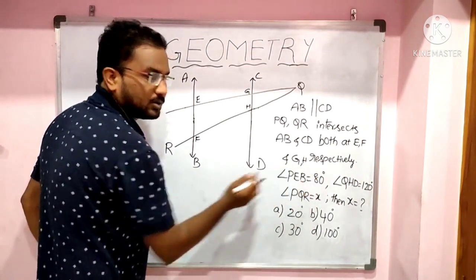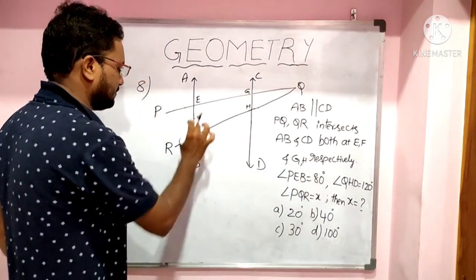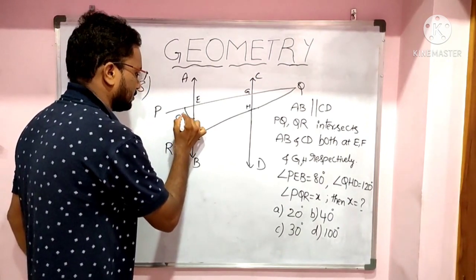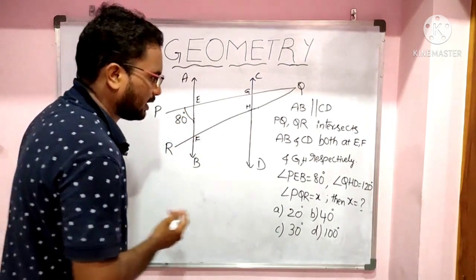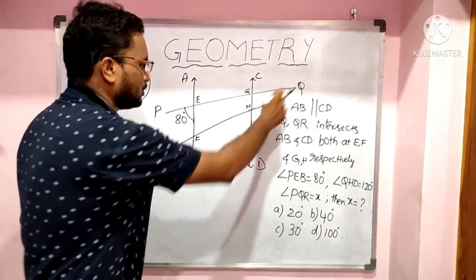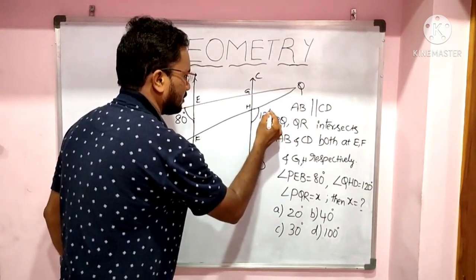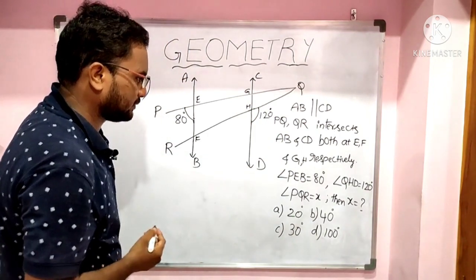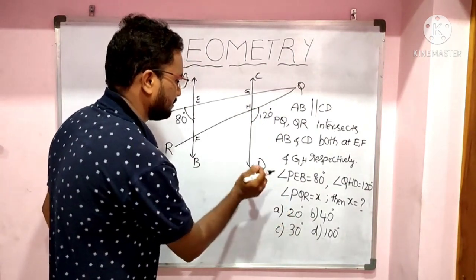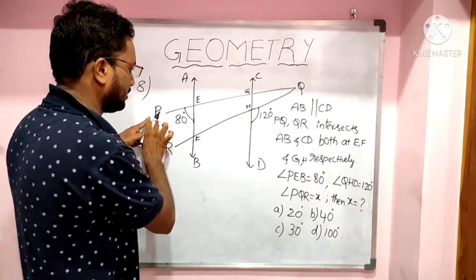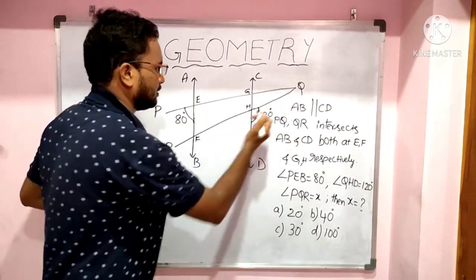Angle PEB is 80 degrees, and angle QHD is 120 degrees. You need to find angle PQR, which is given as X.